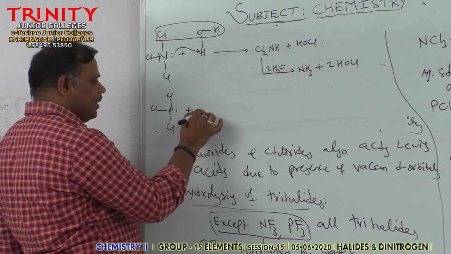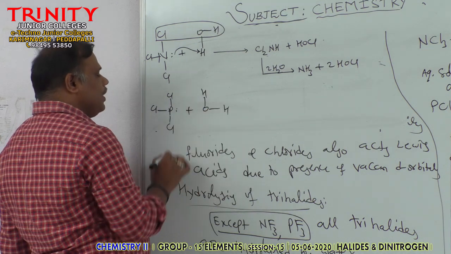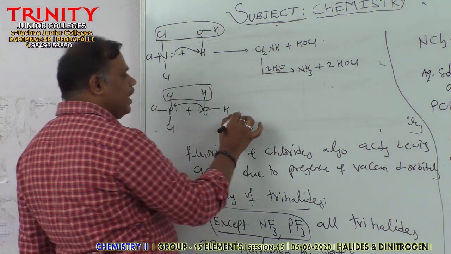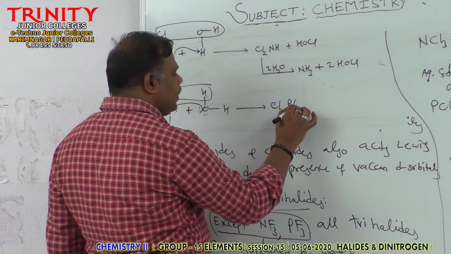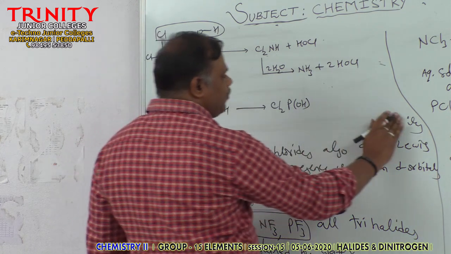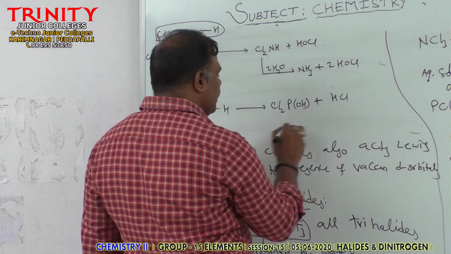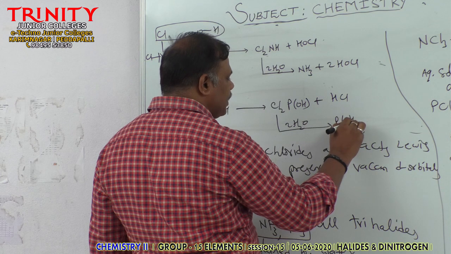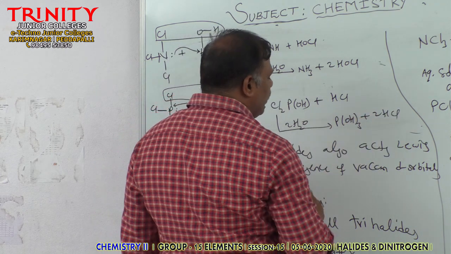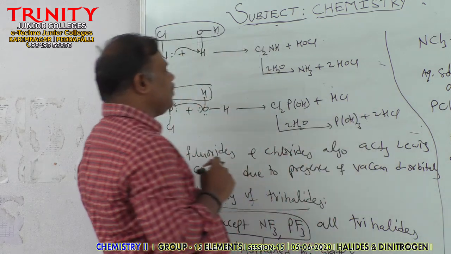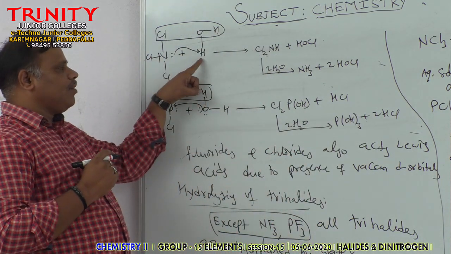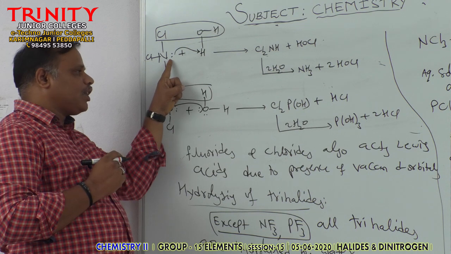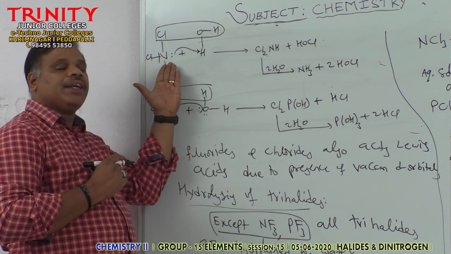Here nitrogen acts as the electron pair donor, while in PCl3, see the reaction: the lone pair is present on phosphorus, but the oxygen of H2O donates a lone pair to phosphorus, then HCl is eliminated, giving Cl2P-OH plus HCl. In a similar way it reacts with 2 more H2O, forming P(OH)3 plus 2HCl. P(OH)3 means H3PO3. Nitrogen acts as an electron pair donor, phosphorus as an electron pair acceptor, but nitrogen does not act as an acceptor because it has no vacant d orbital.